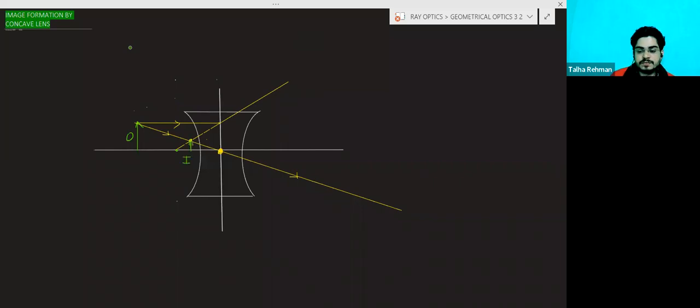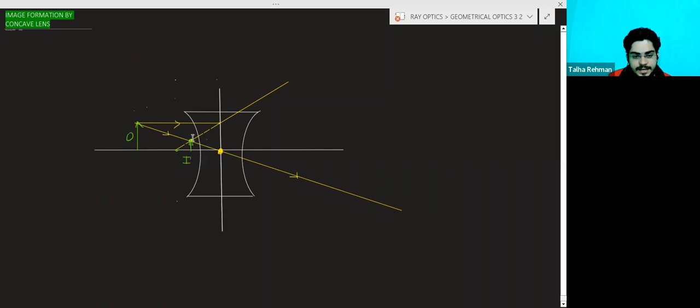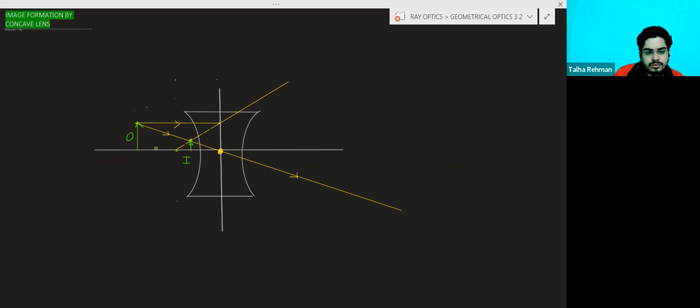This image is virtual, and smaller in size as compared to the object. This image is forming between F2 and the optical center.